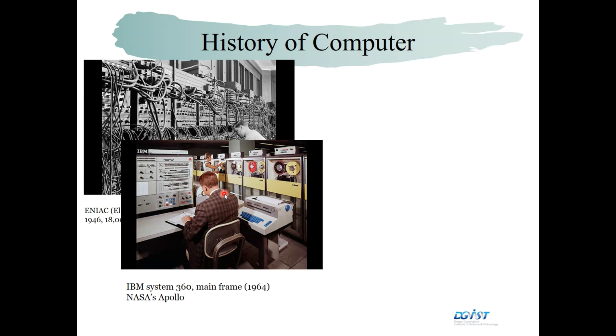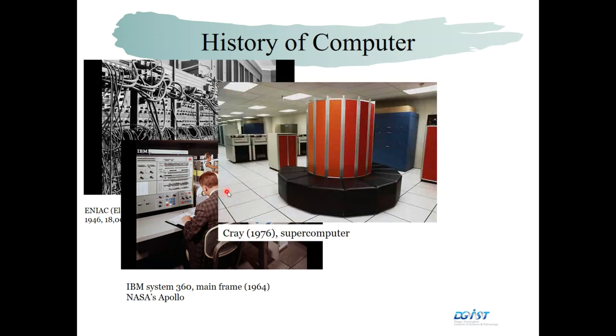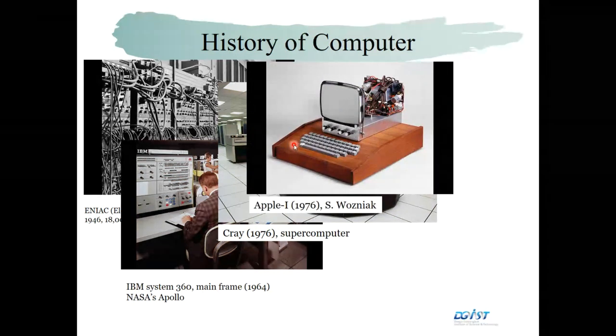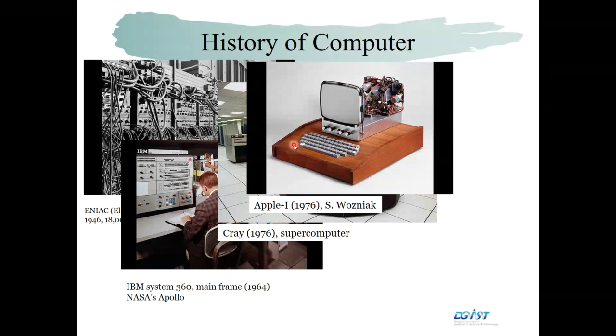And here, there is the first supercomputer from the Cray company. It's about 50 years ago. At this time, this supercomputer was used for many engineering calculations. And at the same time, by Wozniak, the first Apple appeared with the small monitor and the keyboard. It's very cute.